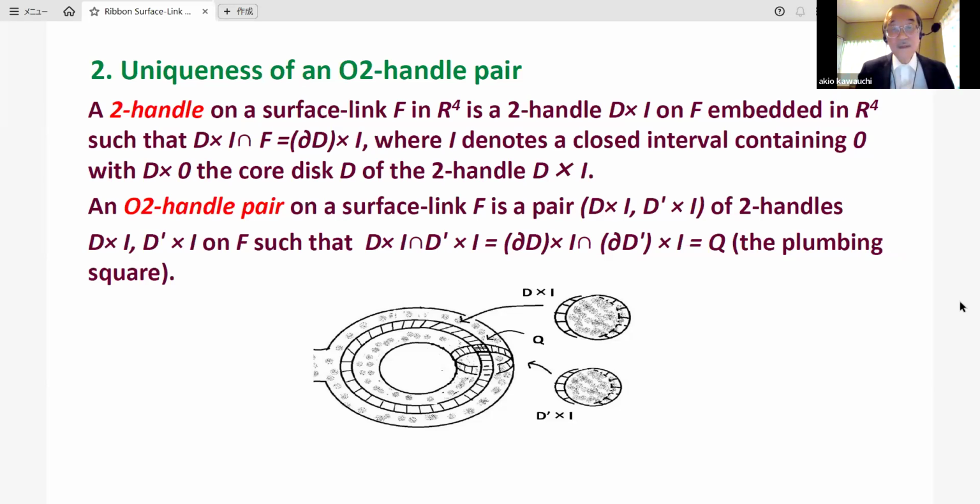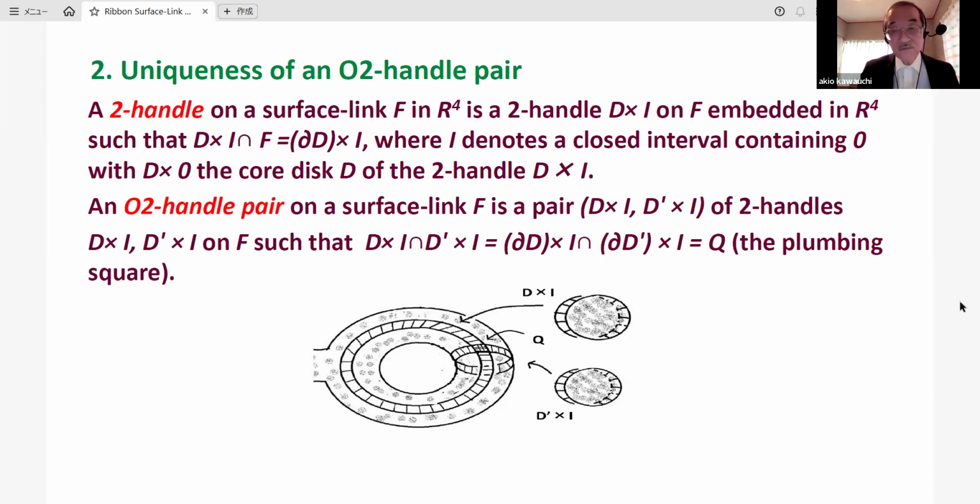Here I denotes a closed interval containing zero, with D×0 the core disk D of the 2-handle D×I. An O2-pair on a surface link F is a pair D×I, D'×I of 2-handles on F, so that the intersection of D×I and D'×I is the intersection of the attaching annuli, which is a square.